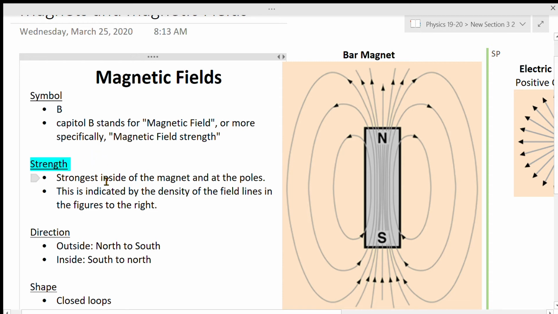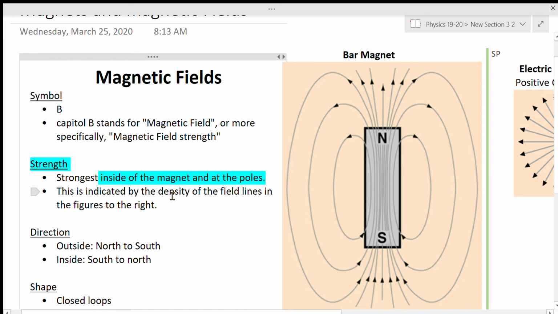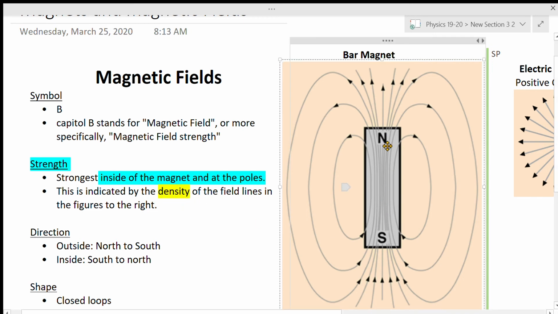All right, now let's talk about the strength of a magnetic field. It's strongest inside of the magnet and at the poles, and this diagram of the field shows us that. Wherever the field is the most dense, that's where you're going to see the strongest magnetic field. What do I mean by density? I just mean wherever those field lines are closest together is where you're going to see the strongest field.